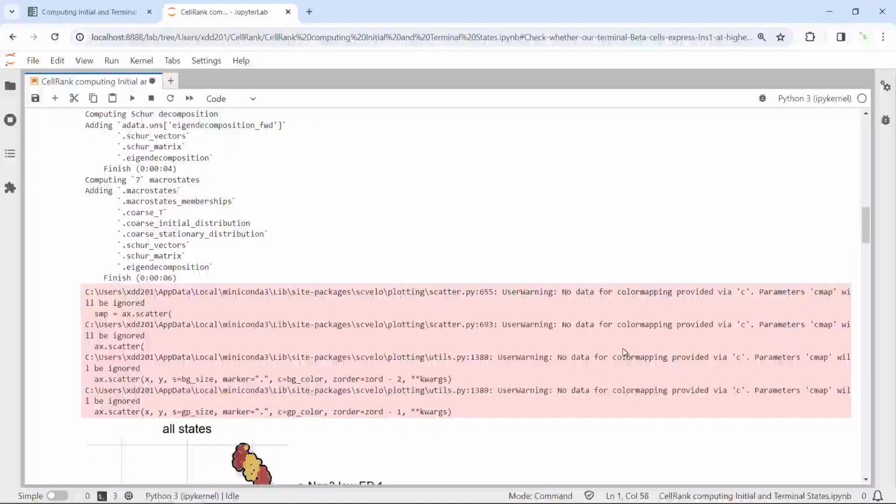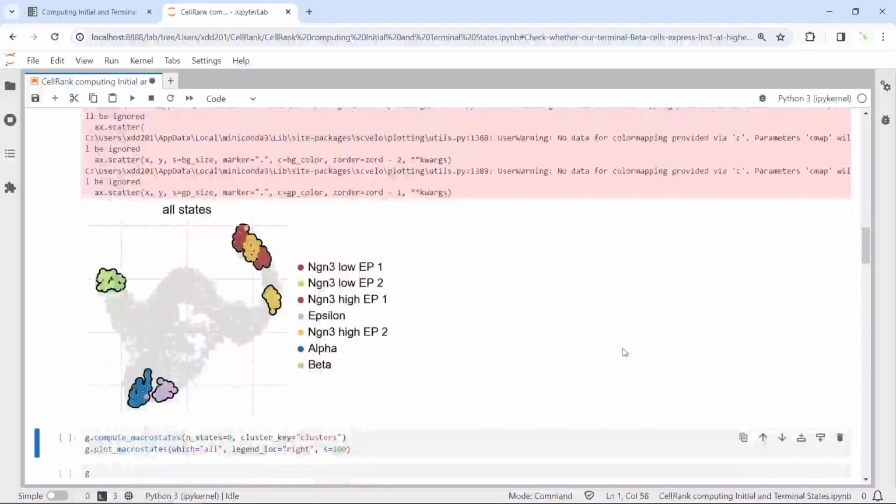Okay, you can see it generated a figure. We have 2 NGN3 low expression progenitor cell clusters and 2 NGN3 high expression progenitor cell clusters. Then we have the epsilon, alpha, and beta cell clusters.